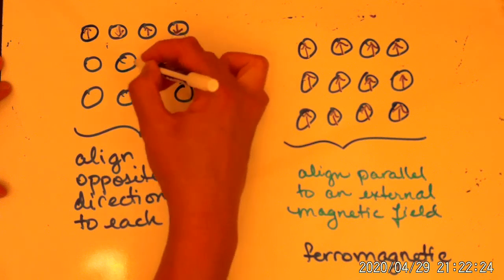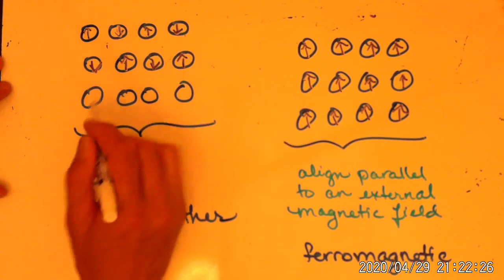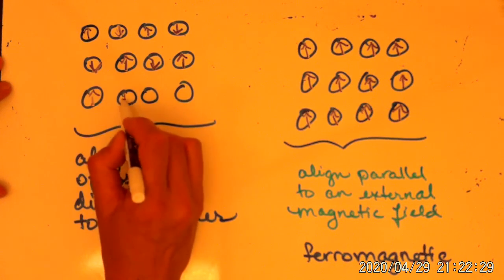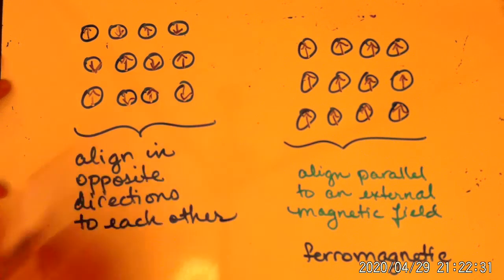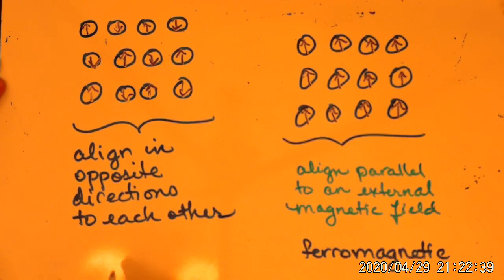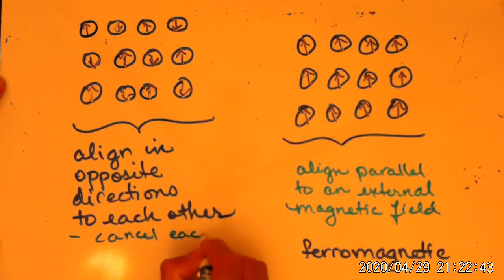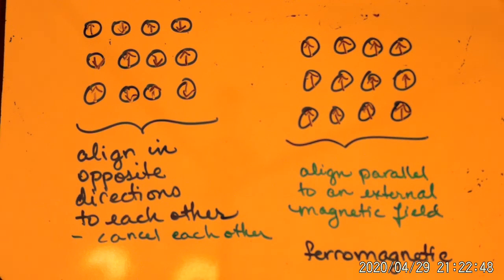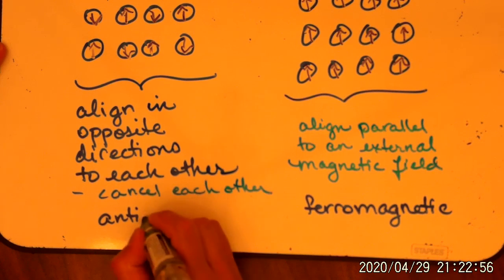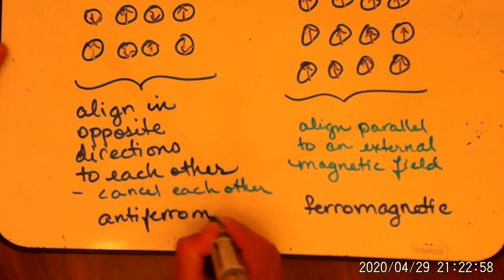Because they're all the same substance, they all have the same small paramagnetic field, they cancel each other out. And we call that anti-ferromagnetic.